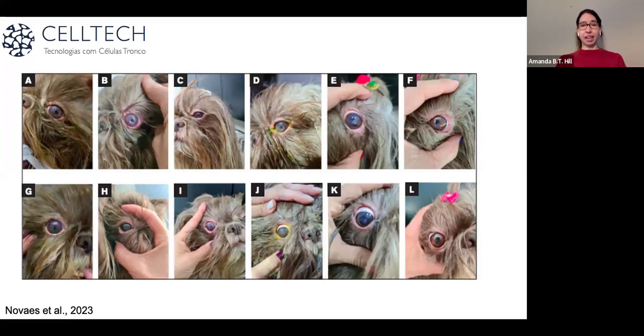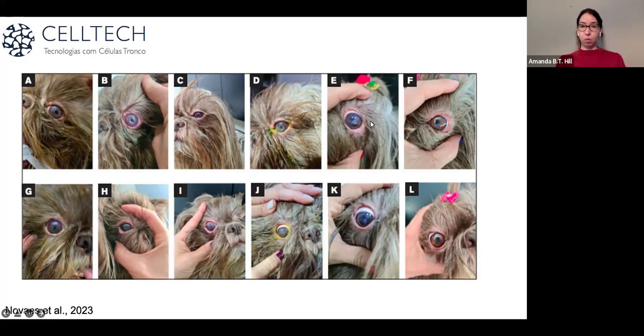And we can see here in figure B that 72 hours after, one of the eyes was completely healed, the other eye that had a bigger wound was not healed yet, but throughout the time, it was completely healed. So after 30 days, we can see that both eyes were healed.